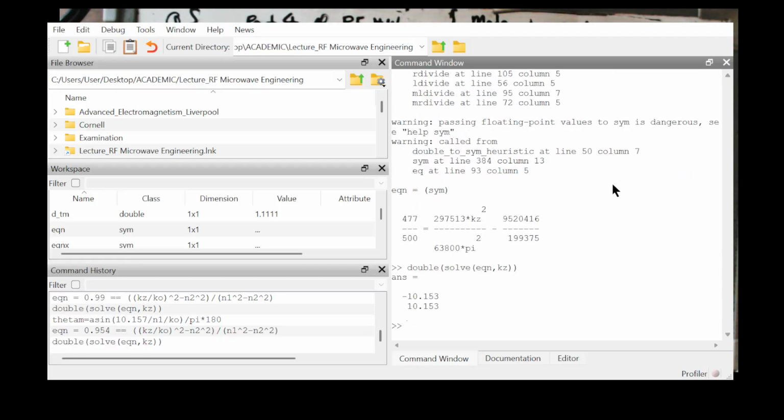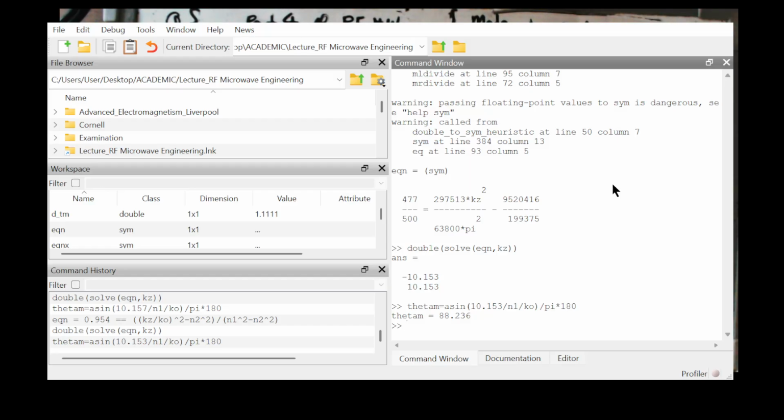So I got 10.153. The angle, so 153. So 88.23.